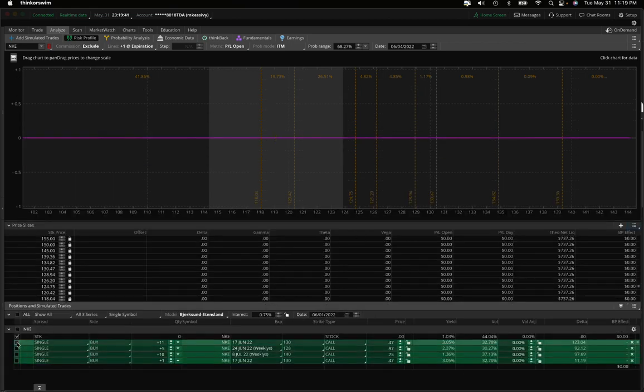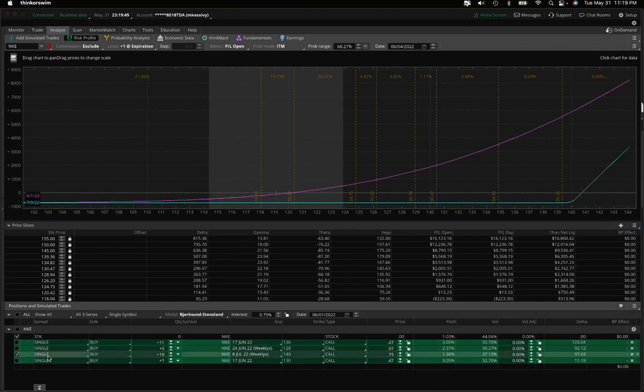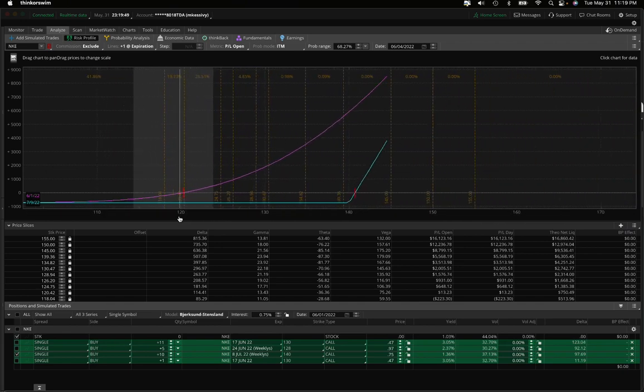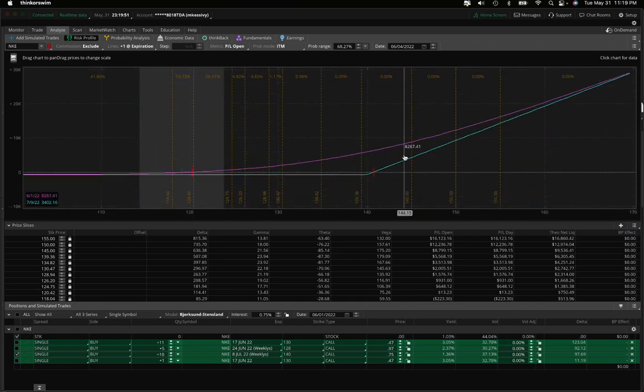Right. So say we get this July 8th, we get 10 contracts. Once this thing gets to 150 and we fill the gap, look at that number, 12,226.